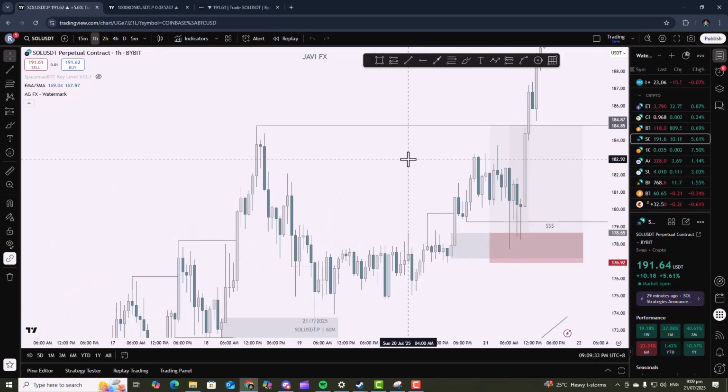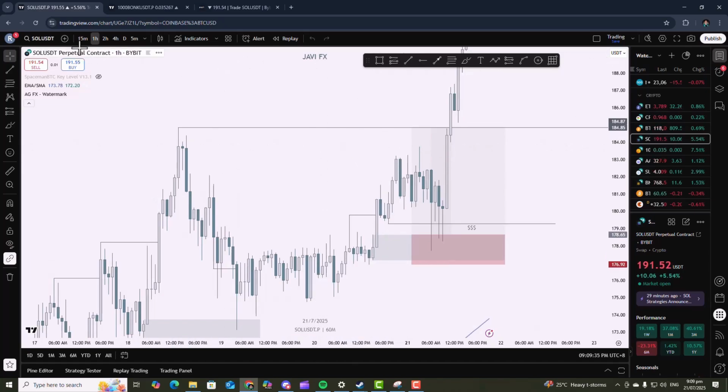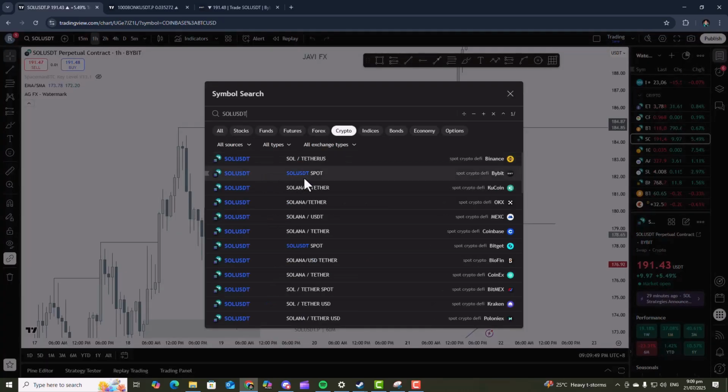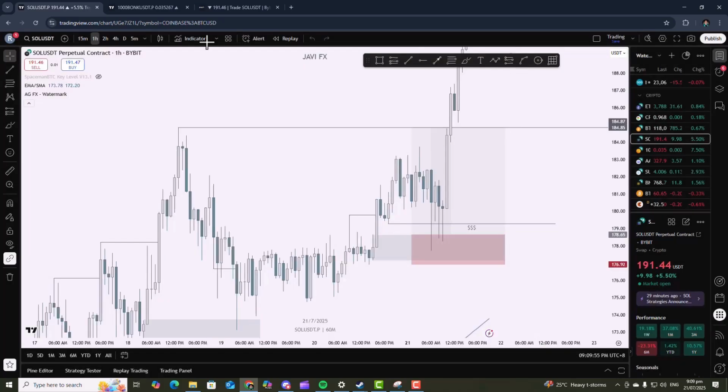Now here's one thing to take note of. For SOL USD, you should be using the ByBit chart, not just any TradingView chart. I'll give you an example. SOL USDT spot, ByBit. Right here you can see SOL USDT perpetual contract, ByBit.